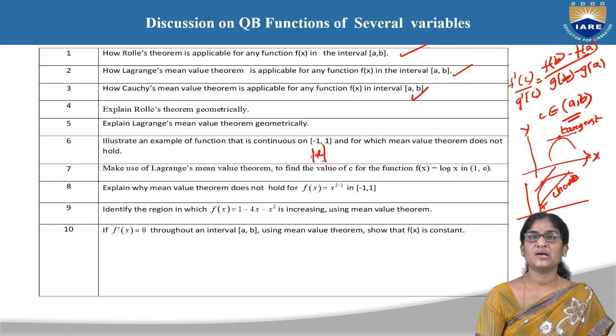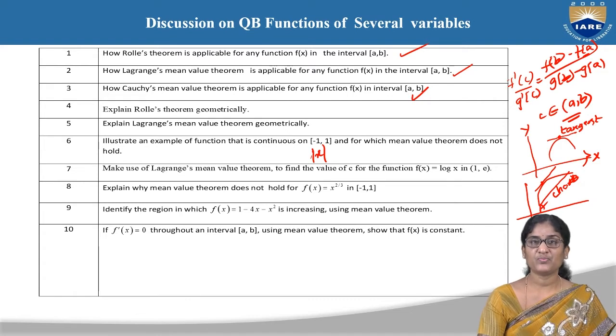You know that mod of x is always a continuous function between -1 and 1, because between -1 and 1 mod x always exists. So therefore you can say that it is a continuous function. But the mean value theorem does not hold. Why? Because it is not differentiable.